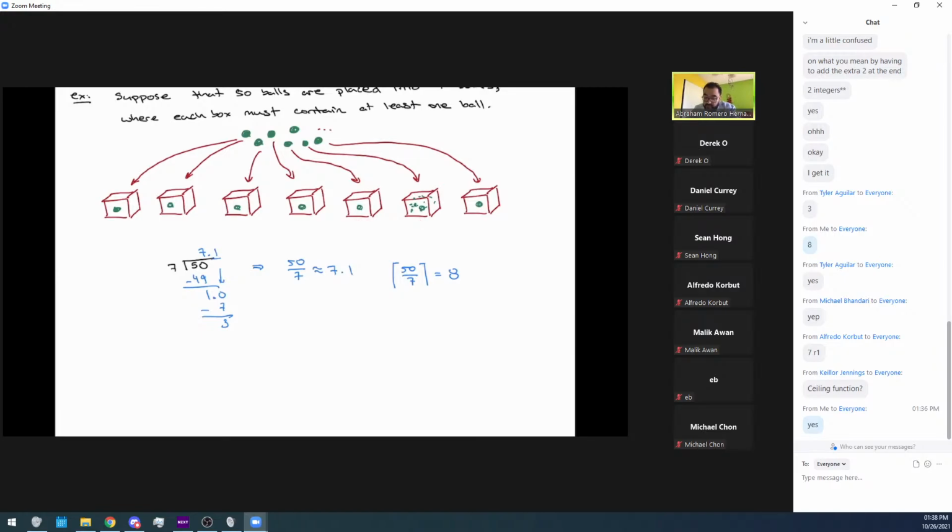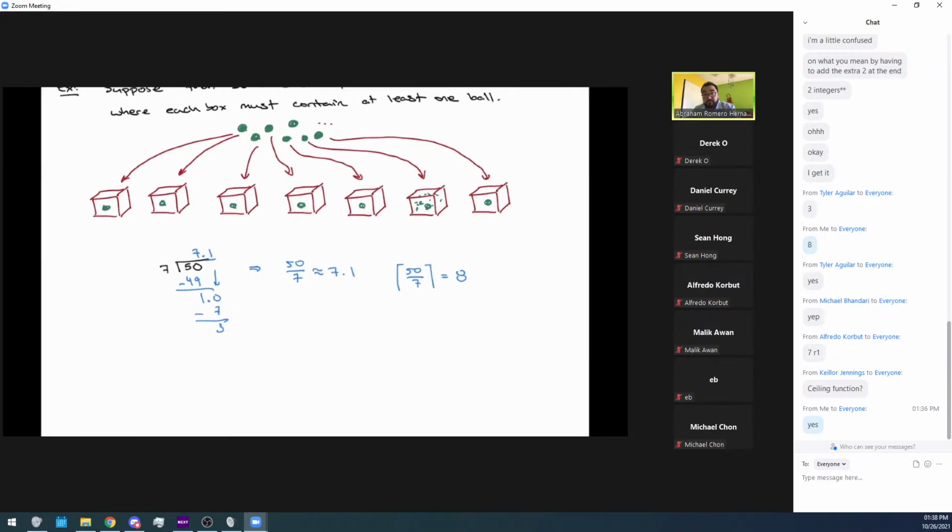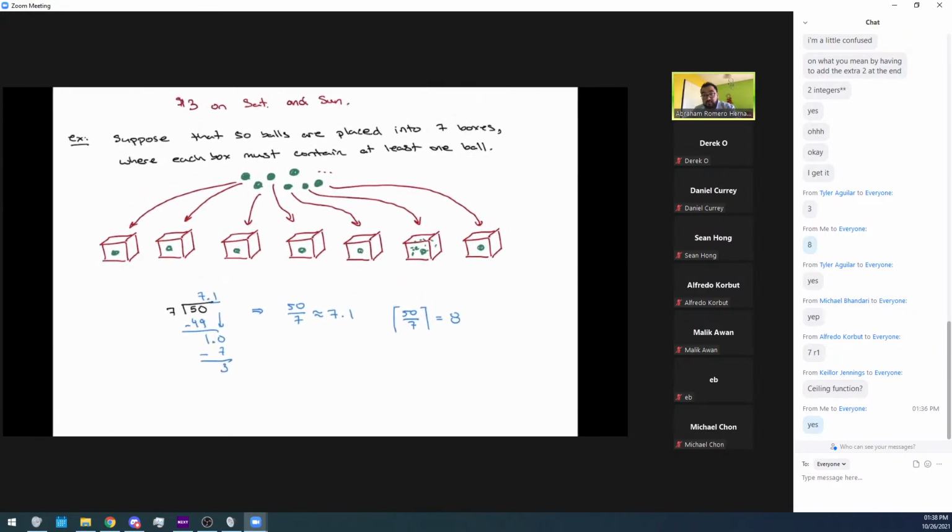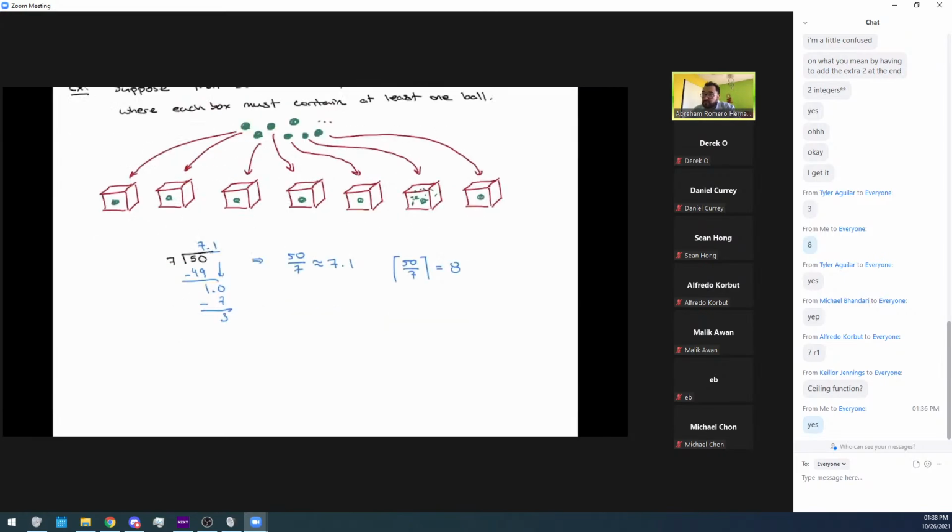That means 21, so 23 will be here, 23 will be here, and then one more will have 2 balls in there. Either way, these 2 boxes will have at least 8 or more objects. So it's not breaking the general pigeonhole principle. Good. Okay, I'm assuming yes. So let's do another example.